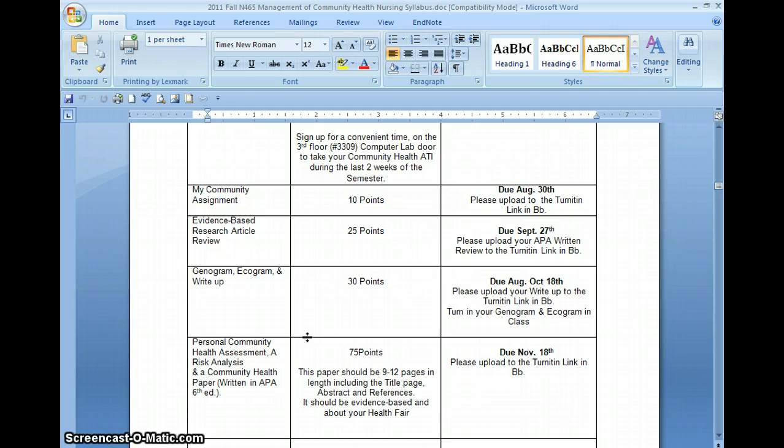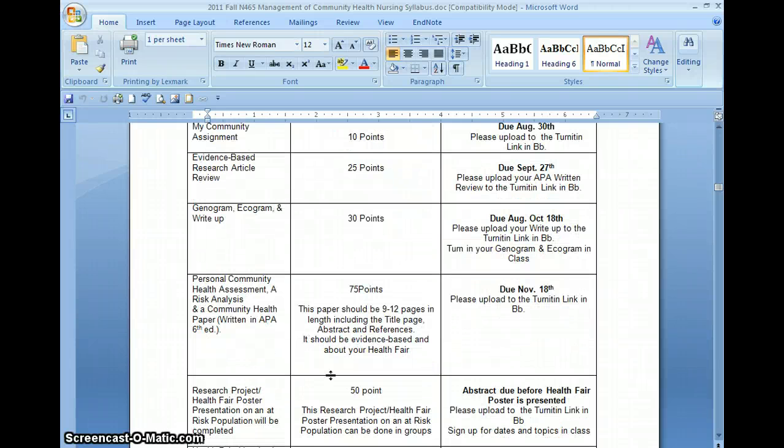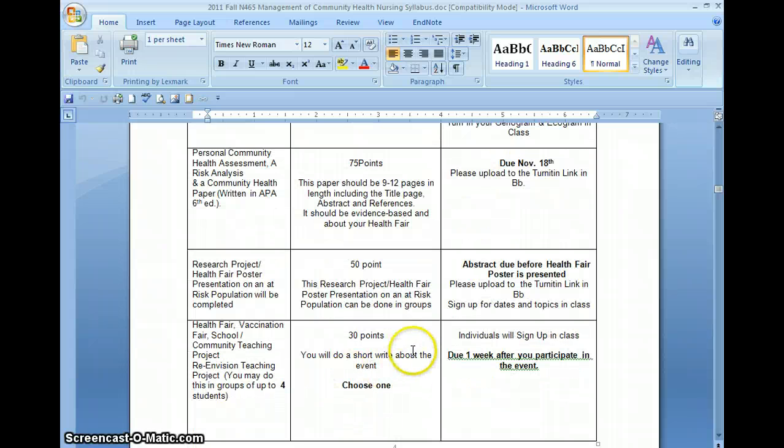So it's an APA paper. I've taken some of the points away from it, so it's not so scary, and that's something that we'll be grading at the end of the semester, and I may ask some of you to help grade that.